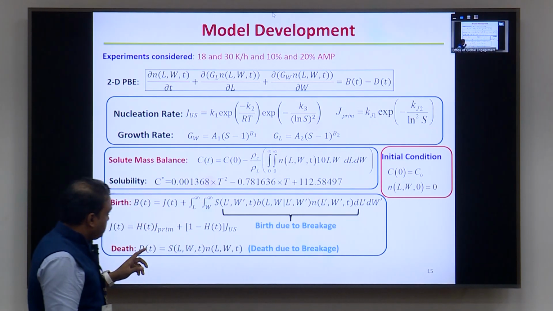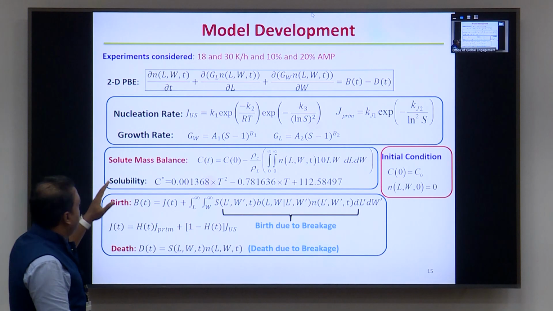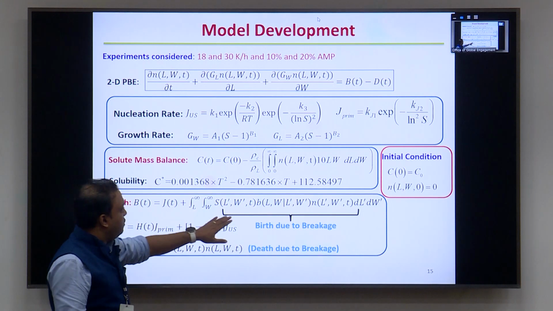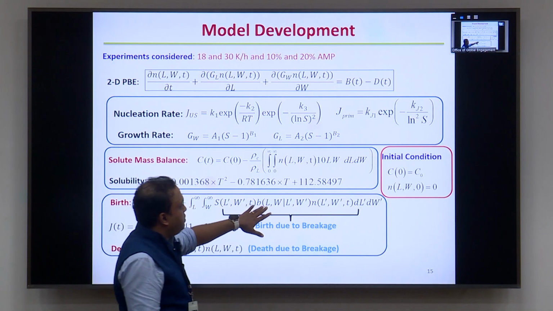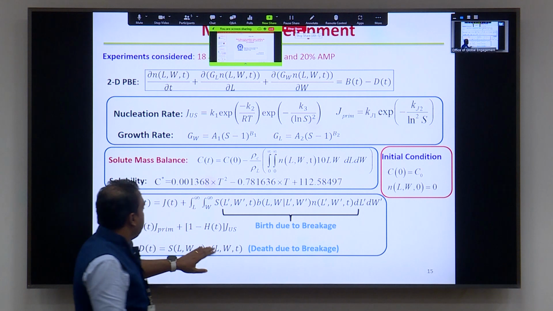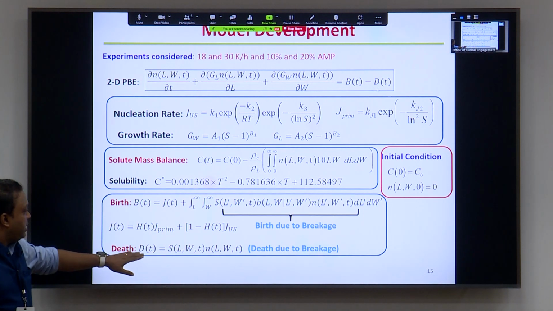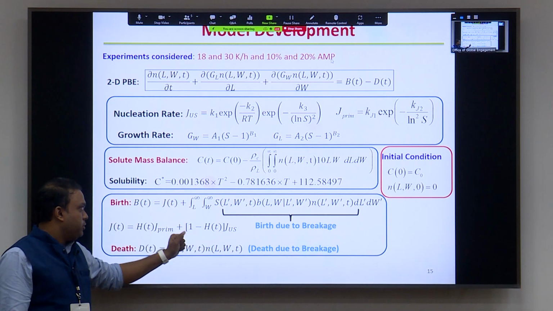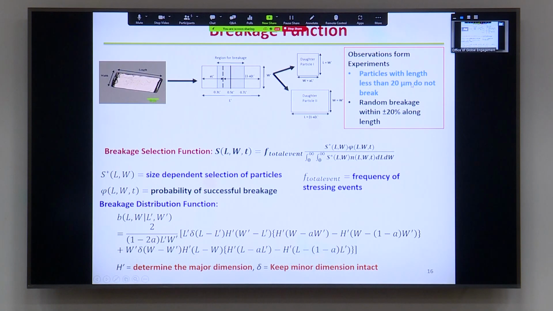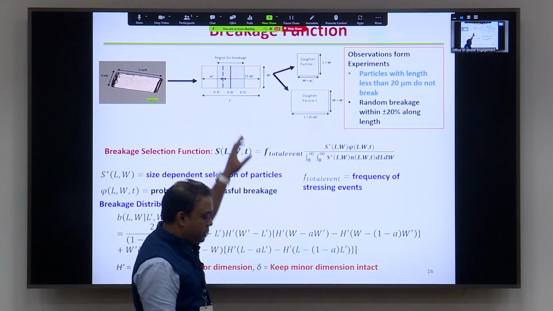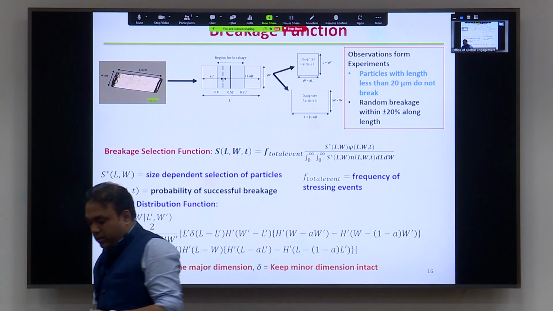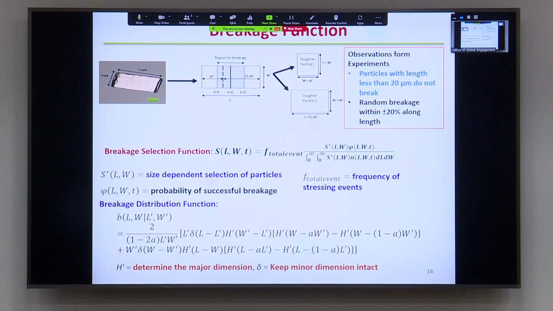Now, to implement breakage, we have a function where S is the selection function, B is the breakage function, and this is for the death. We have another function that is death due to ultrasound. Now here you can see a plate-like structure. When the ultrasound is applied, a particle having a rectangular plate-like structure can break at any point in between the mid plane.